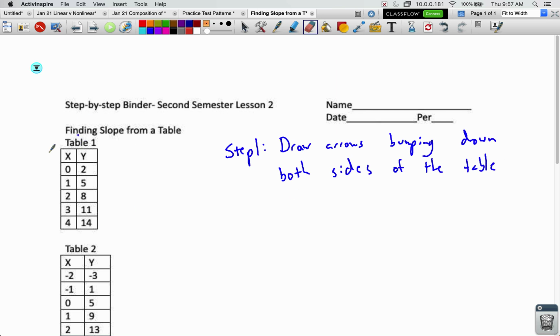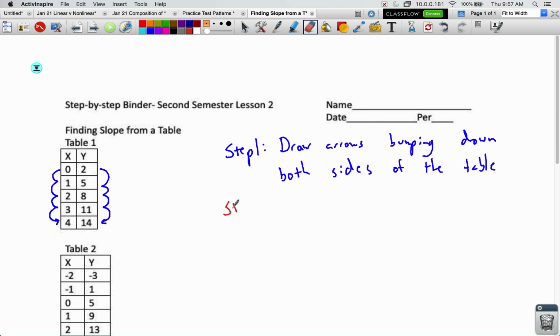All right, and if you're just writing this on separate paper, why don't you copy down table number 1? What I mean by bumping down both sides is you start at the first number and you draw arrows that just kind of bounce their way on down, hitting every single number. So bounce, bounce, bounce, bounce. All right, and I just say that they are bumping their way down the table.